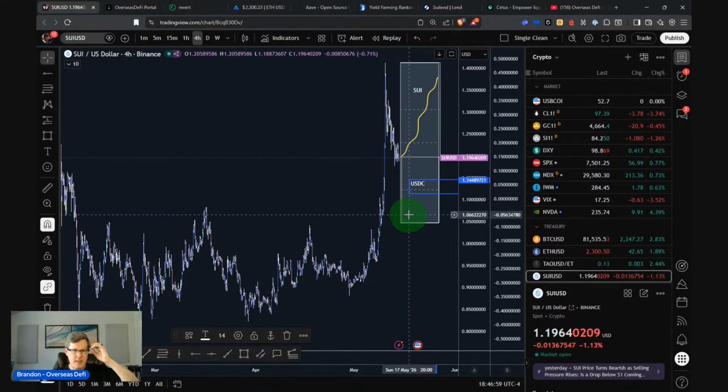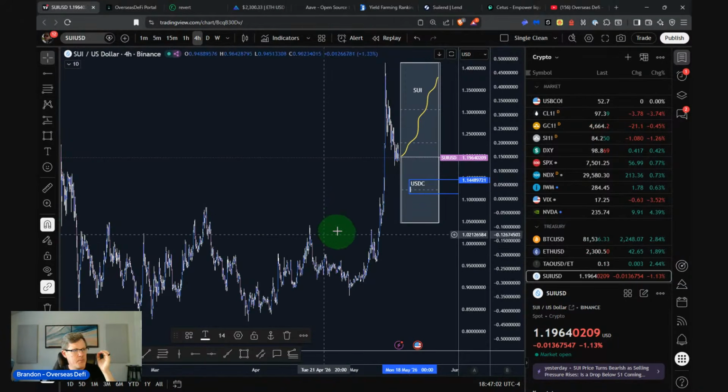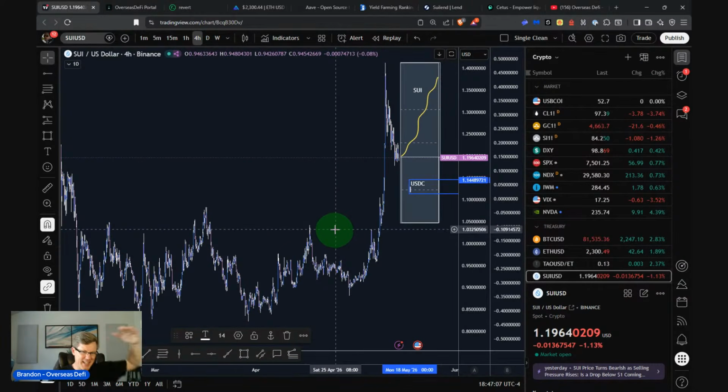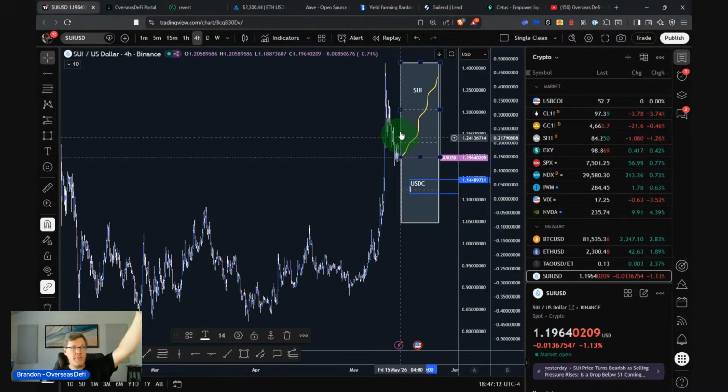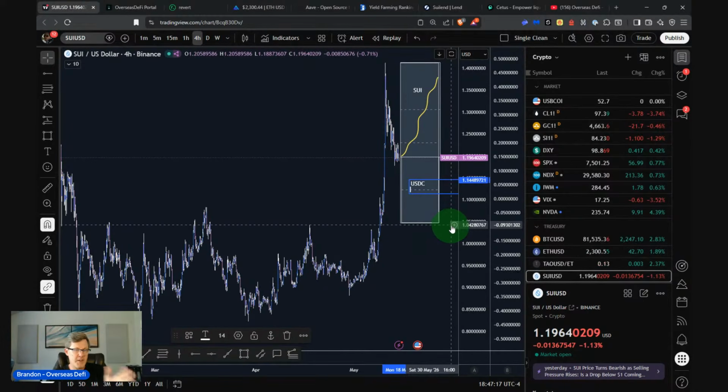And so the thesis here, the idea is if this price zone was resistance, meaning it kept a lid on the price in the future, because we've now broken out higher, that's now going to be a support zone. This is a phenomenon that happens in price action where a resistance level becomes a support level. And it happens the other way too. A support level can, if price breaks lower, become a resistance level.